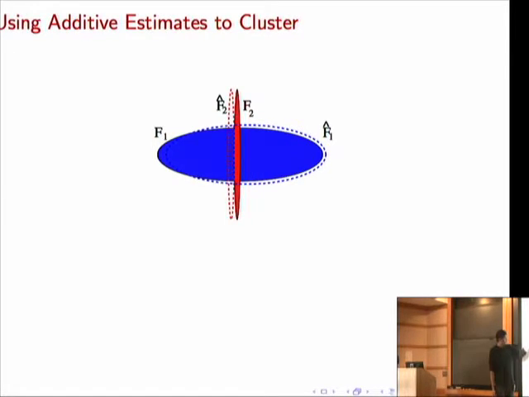Well, if we learn the dashed Gaussians, then this is an estimate which is additively close to the true mixture, because the parameter distances are close here and the parameter distances are close here. But this isn't a good statistical estimate because f2 hat is not statistically close to f2.